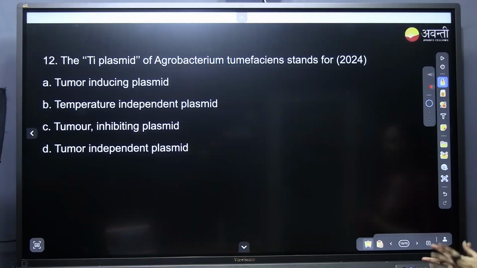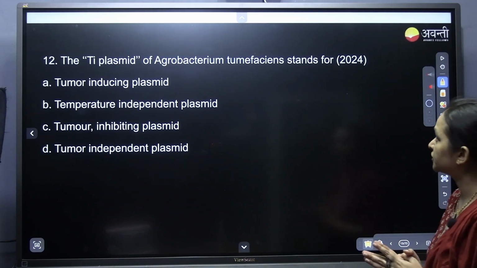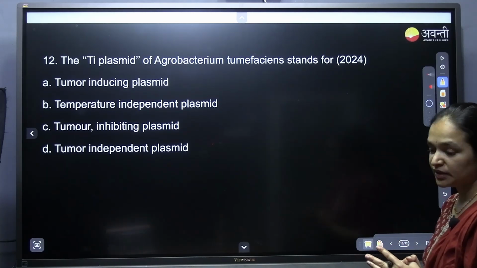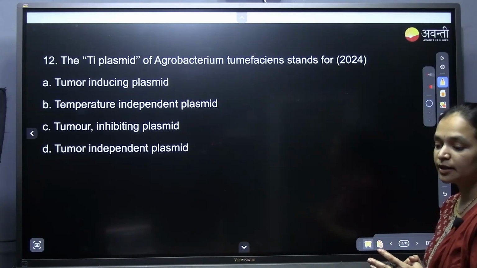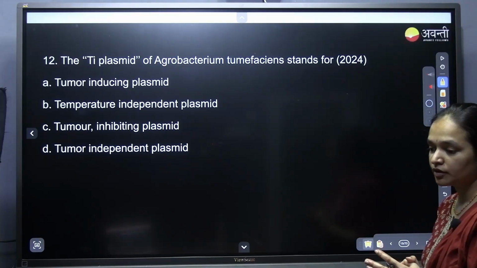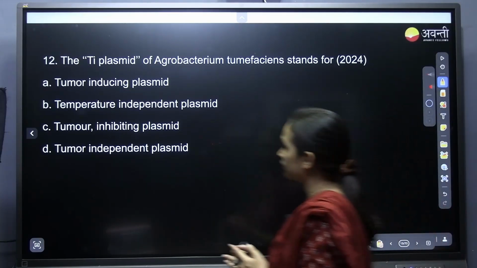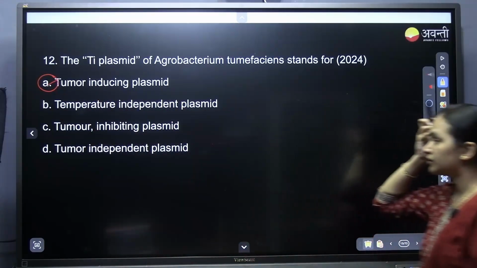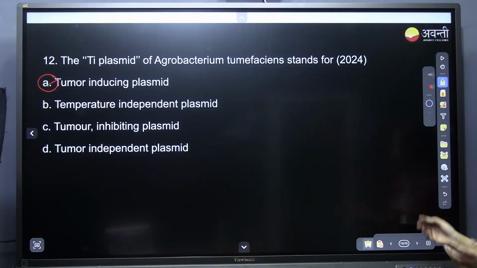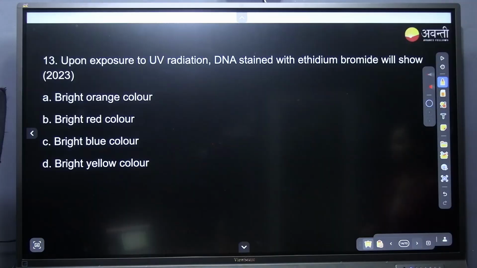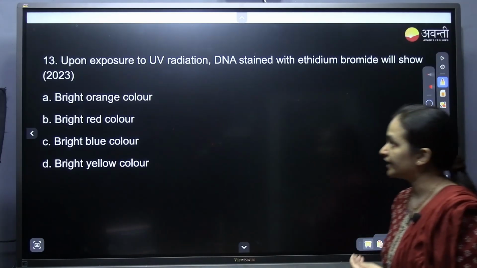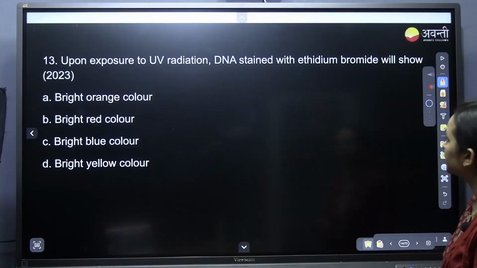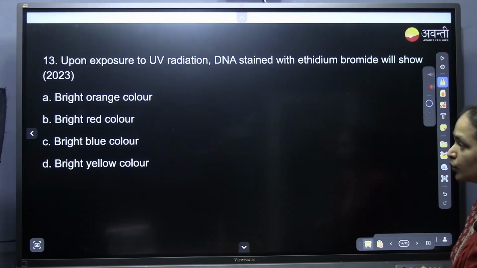The Ti plasmid of Agrobacterium tumefaciens stands for, Ti means, tell me, tumor inducing plasmid. So with A, the first option itself, we got the correct answer, that is tumor inducing plasmid. Upon exposure to UV radiation, DNA stained with ethidium bromide will show which color?